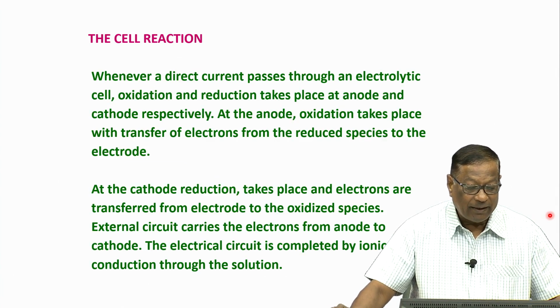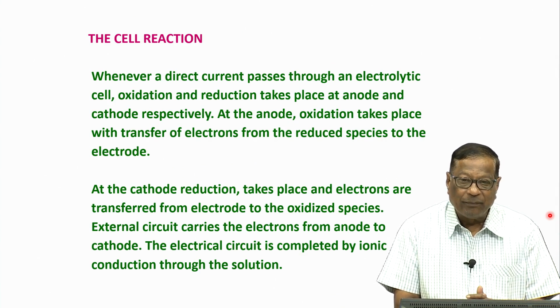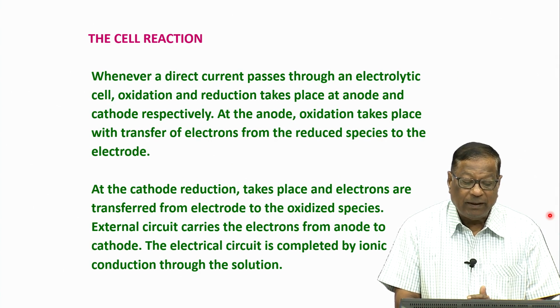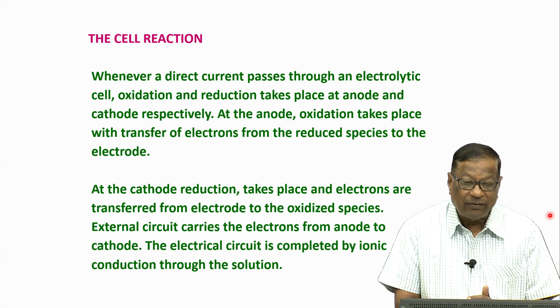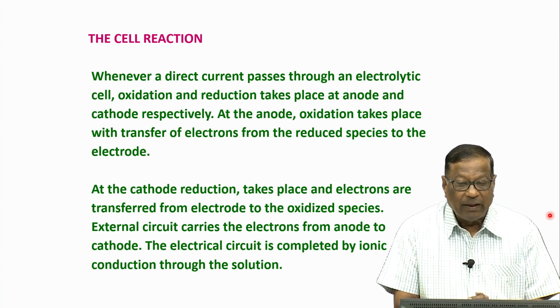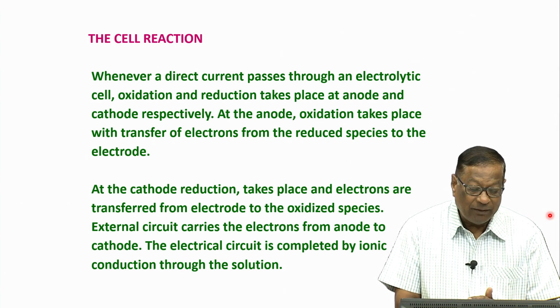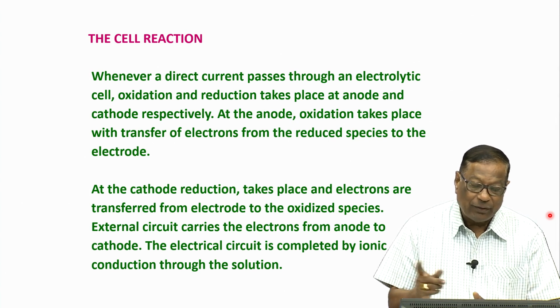Okay. And then we define what is known as cell reaction. Whenever a direct current passes through an electrolytic cell, oxidation or reduction should take place at the anode and cathode respectively. This you already know. At the anode, oxidation takes place with transfer of electrons from the reduced species to the electrode.